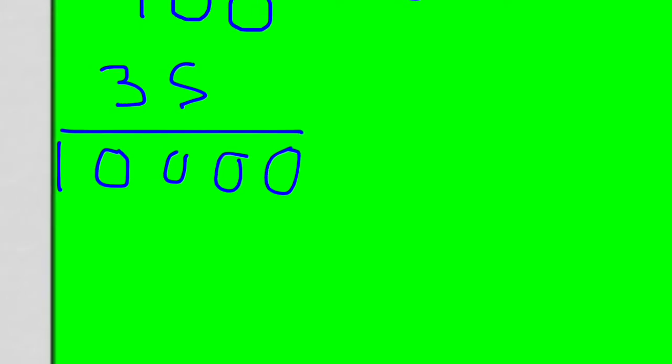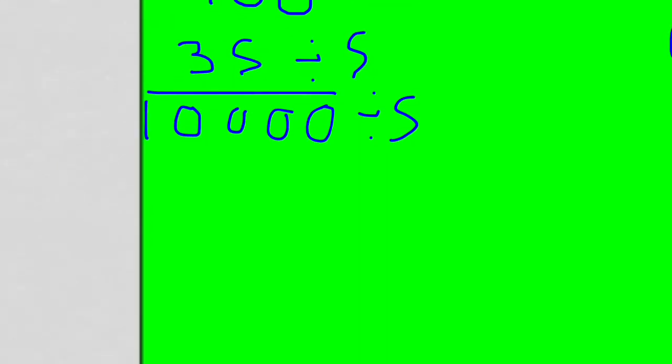Now putting in lowest terms, hopefully we recognize that we can divide the numerator and denominator by 5. Okay, 35 divided by 5 is 7. And don't do 10,000 divided by 5, do 10 divided by 5. 10 divided by 5 is 2.